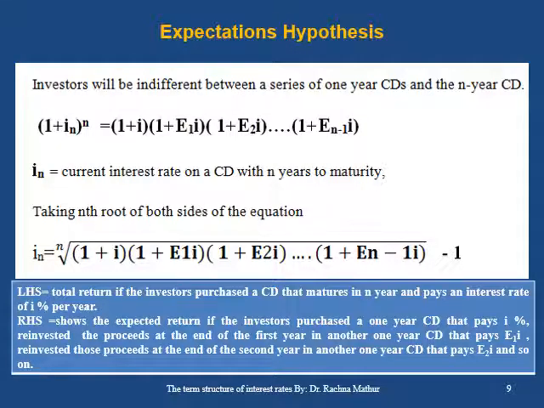Let us see the mathematical expression of the expectations hypothesis. In the expectations hypothesis, the investor will be indifferent between a series of 1 year certificates of deposit and an n year certificate of deposit. That means he is indifferent between a series of short-term certificates of deposit and a long-term certificate of deposit.